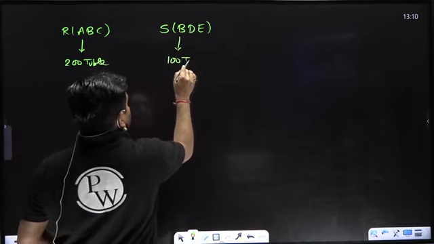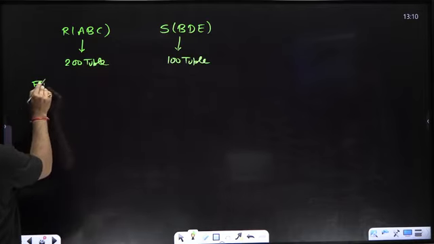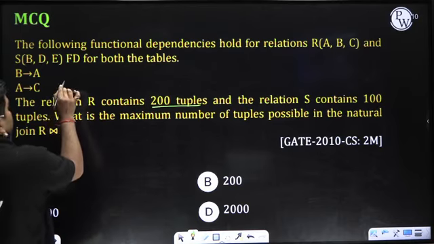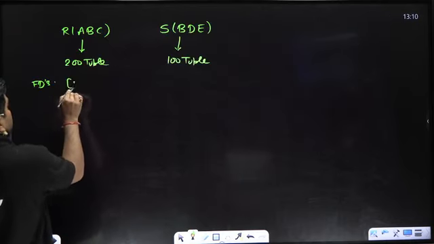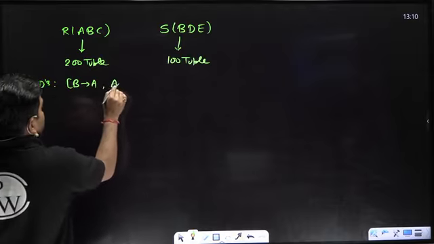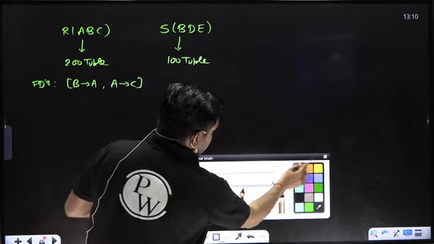The FDs given are B determines A and A determines C.